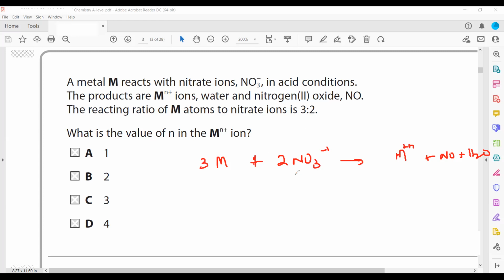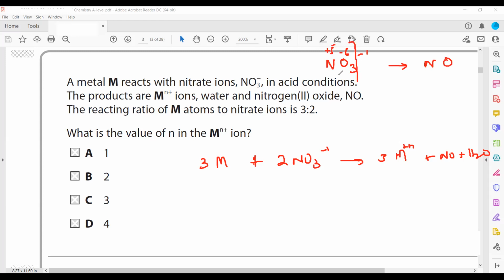First we have to find how many electrons are being lost and gained. We check the oxidation number of nitrogen, because for nitrogen there is a change in oxidation number. First it is NO3 with an overall charge of -1, then it becomes NO. Each oxygen is -2, so 3 oxygens will be -6.